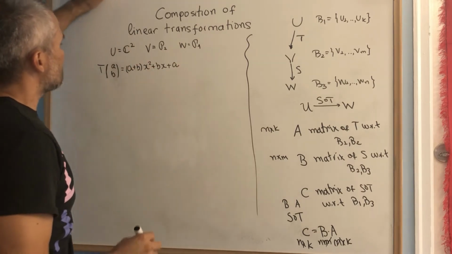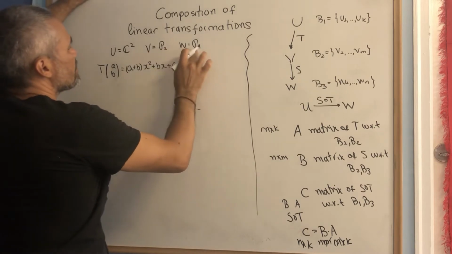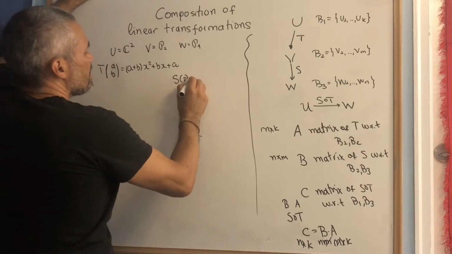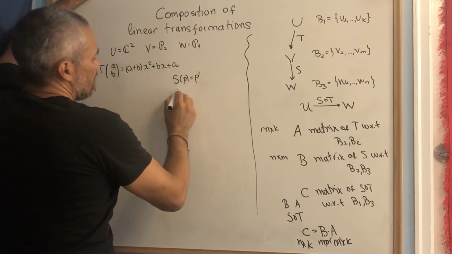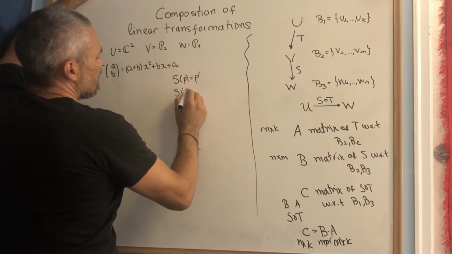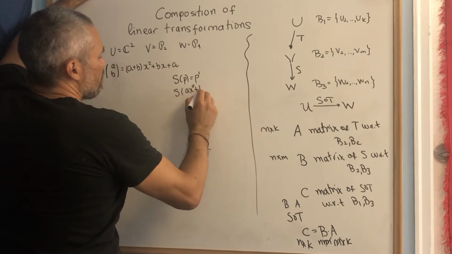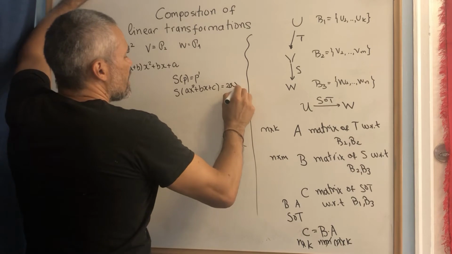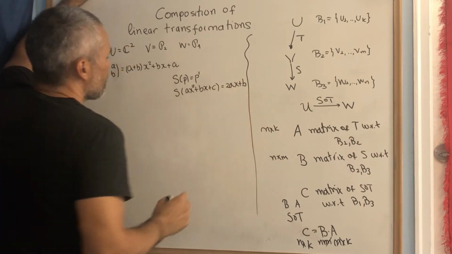And let's suppose that the transformation S from here to here is the transformation that takes a polynomial into its derivative. In particular, S takes ax squared plus bx plus c into 2ax plus b.